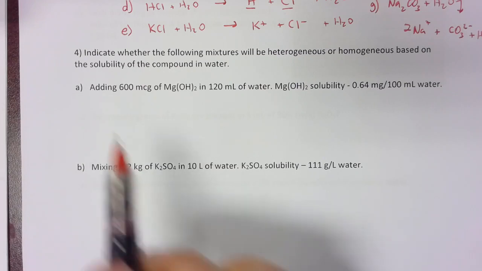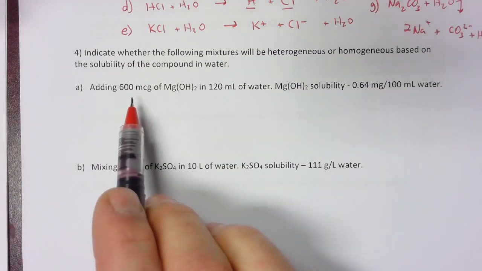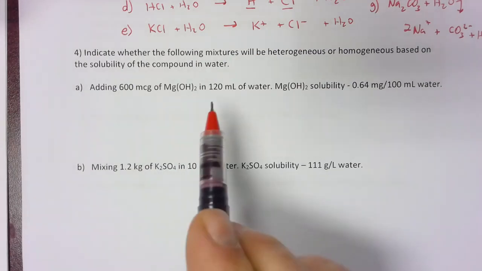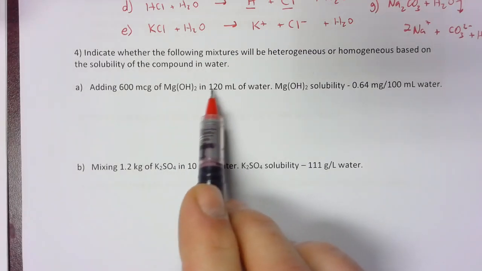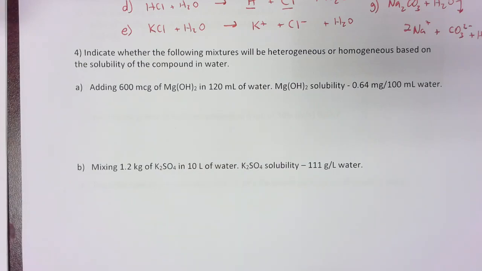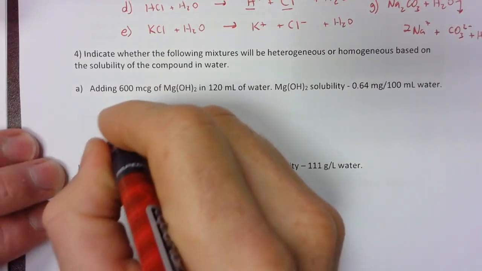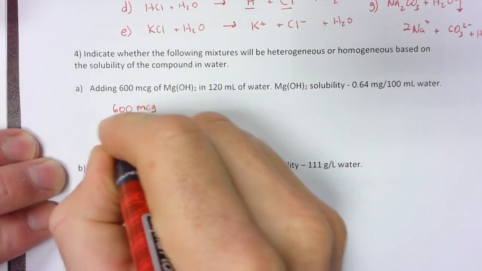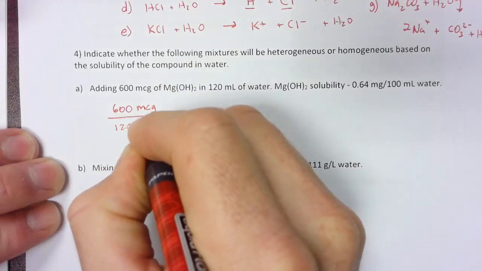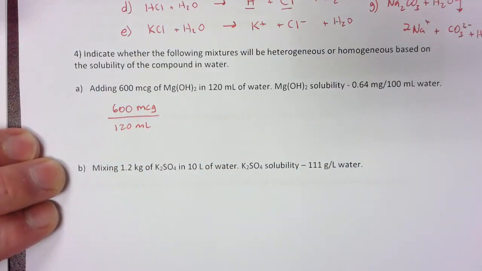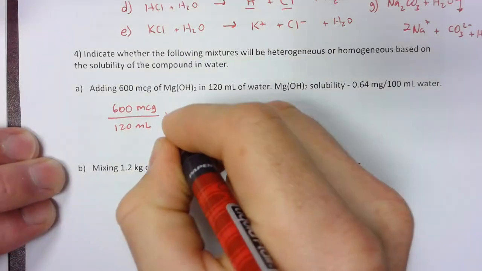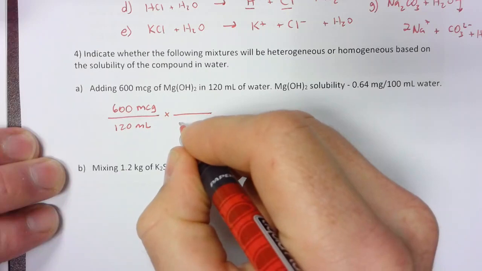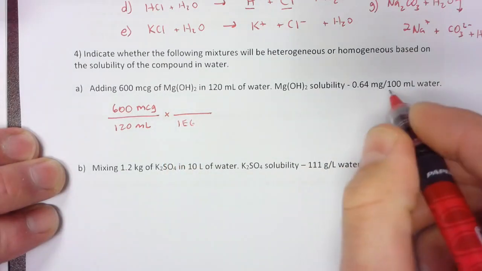Before we start anything, we need to convert 600 micrograms into milligrams. And we can leave this as milliliters of water. Now we can do this all in one single problem. 600 micrograms in 120 milliliters of water. And again, we need to convert the micrograms into grams and then into milligrams.